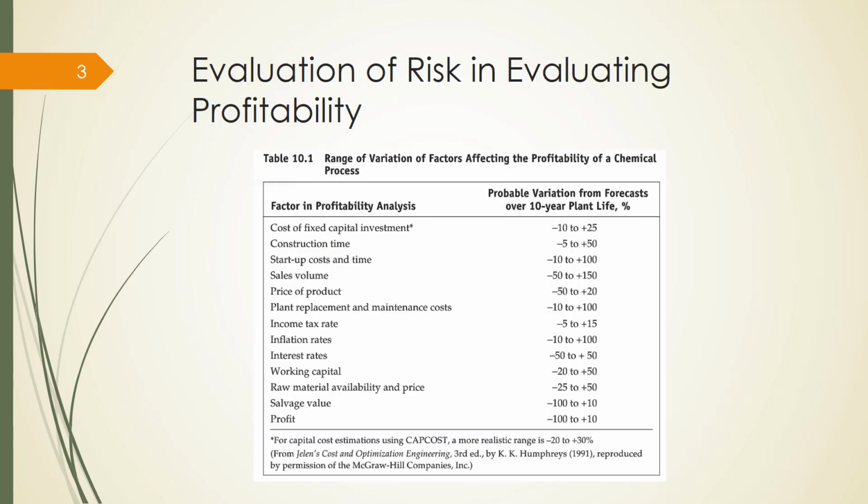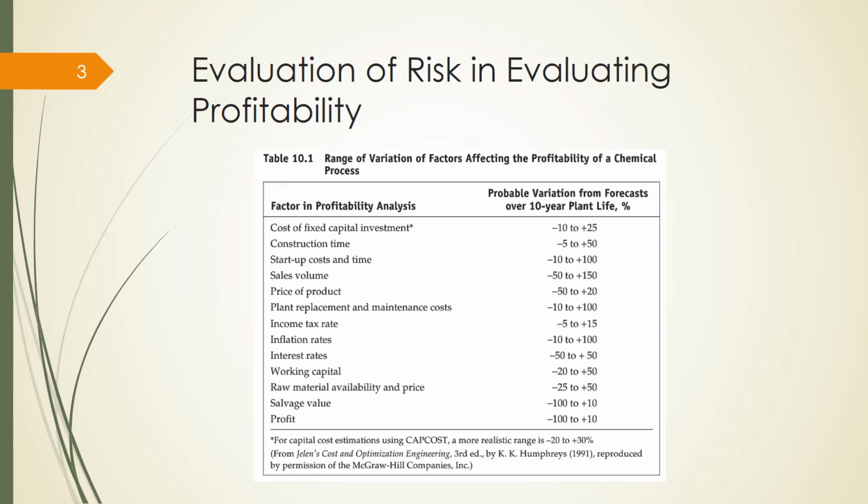Now, you'll recall that each of the various quantities that we are putting together into our profitability analysis has inherently some error. We could have overestimated, we could have fallen short in our estimates. And this table here shows typical values of what one might expect based on our planning stage.